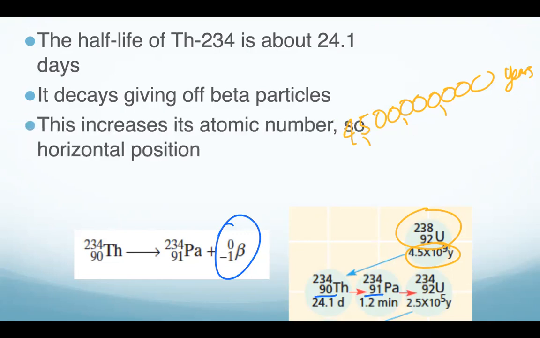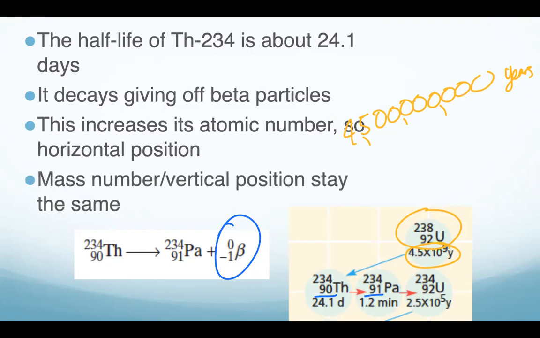This increases its atomic number because we go from 90 to 91. So we have to move to the right by 1 unit because the x-axis is atomic number. But mass number, therefore the vertical position stays the same because we're still at 234.